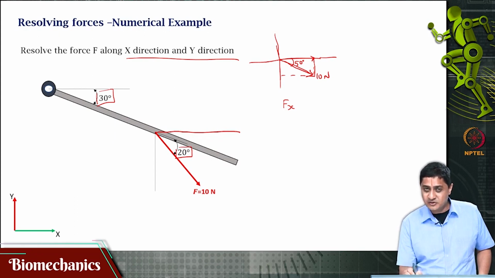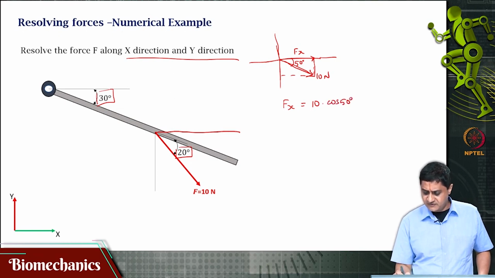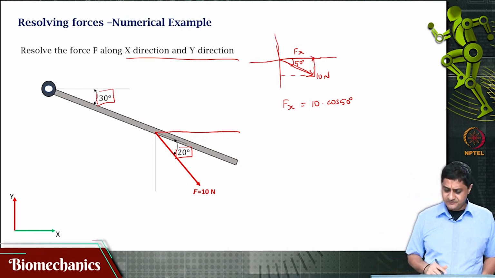That means I will have to find the cosine, is it not? So, Fx then would be F cos theta, or 10 times cos 50. I am not solving the numeric, I will leave it for you as an exercise to solve.